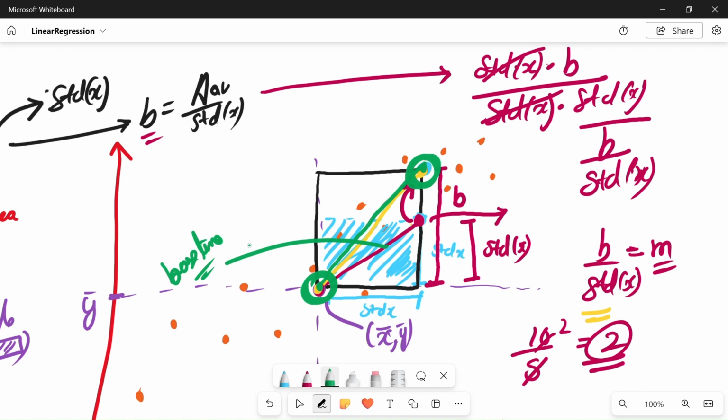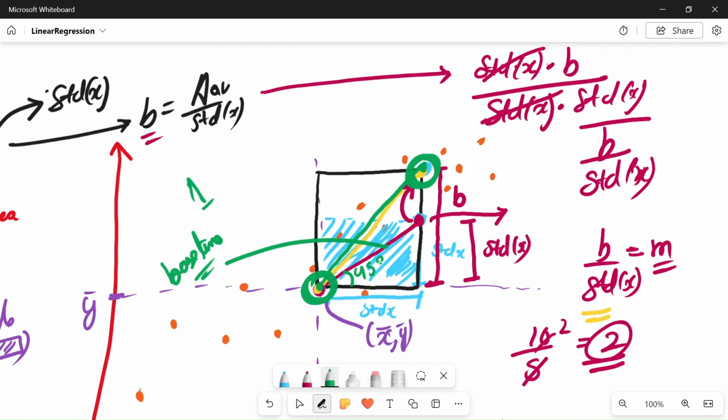So standard deviation of x and standard deviation of x, it's actually a 45-degree line if you notice, right? Because if the x coordinate and the y coordinates are the same, then the slope comes out to be 1, right? The tan theta comes out to be 1. So it's actually a 45-degree line.